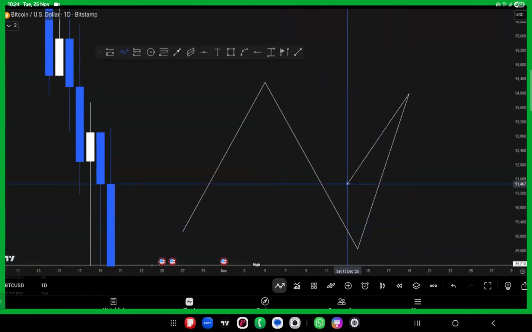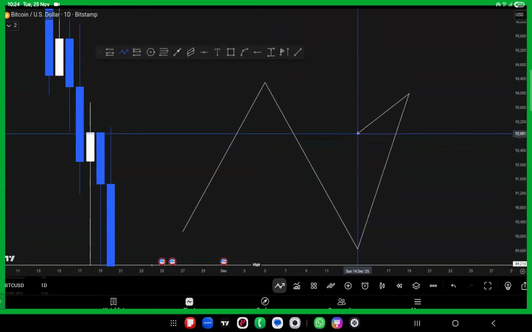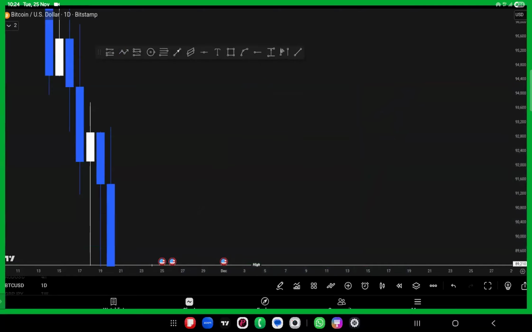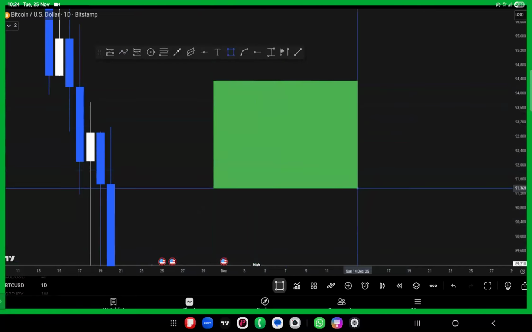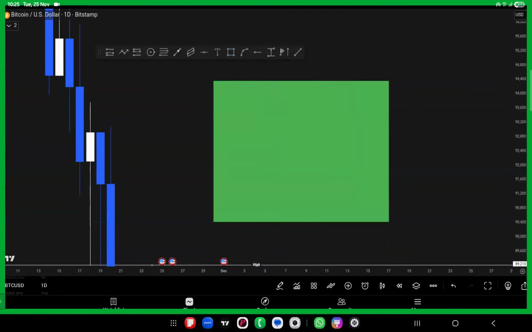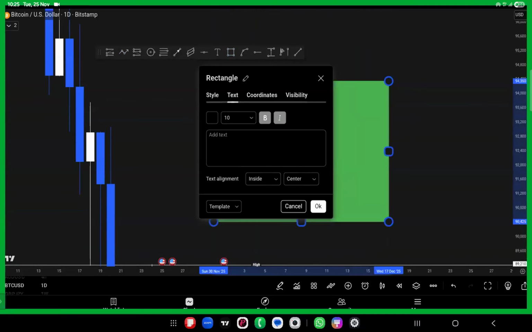Now, to talk further about points of rejection, like the two types of points of rejection we have in the market, we want to talk about the concept of PD, premium and discount. All right. Premium and discount is just a way that we use in dividing the market, or dividing our charts rather.